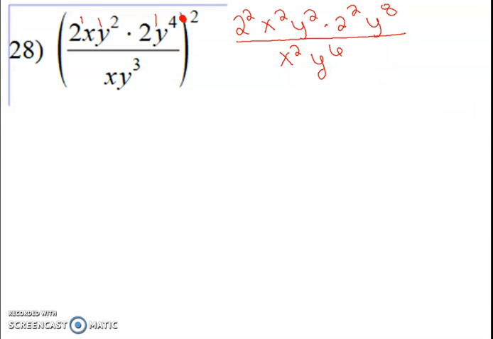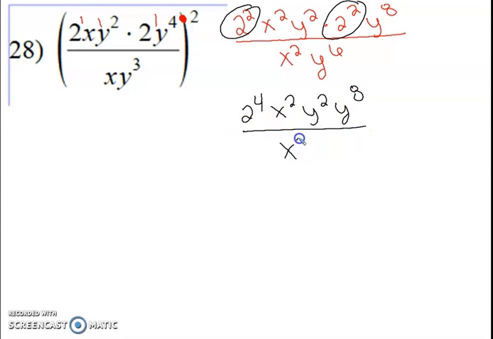So then I'm going to do my coefficients. 2 squared and 2 squared is 2 to the 4th, x squared, y squared, y to the 8th, over x squared, y to the 6th. And then I can start simplifying. 2 to the 4th, 8, 24, no, 16, clearly.